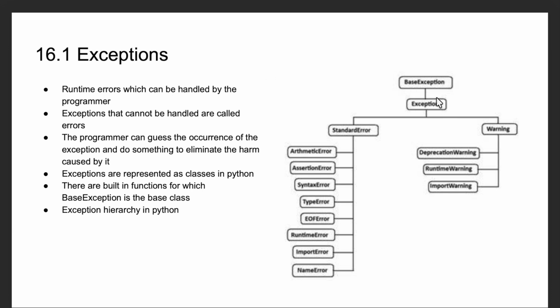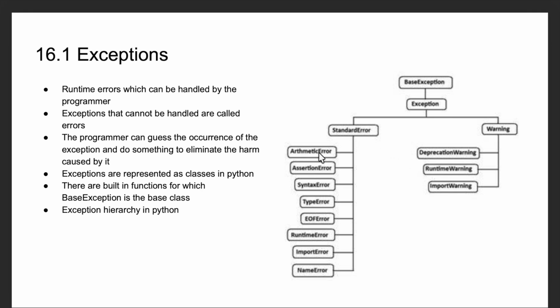So what types of exceptions do we have? We have warnings, and there are three types: deprecation warning, runtime warning, and import warning.